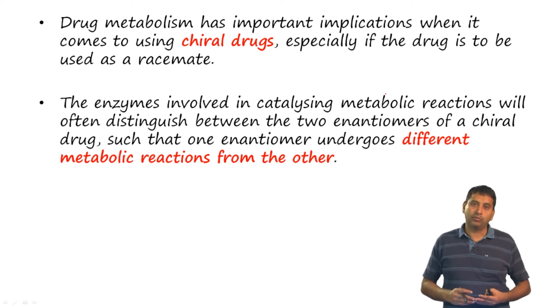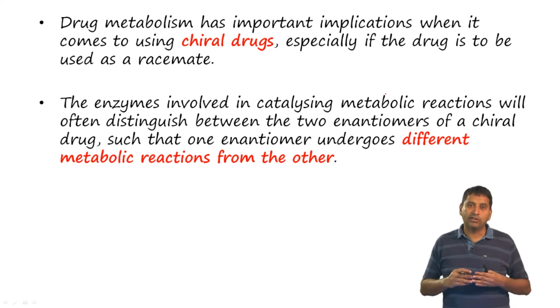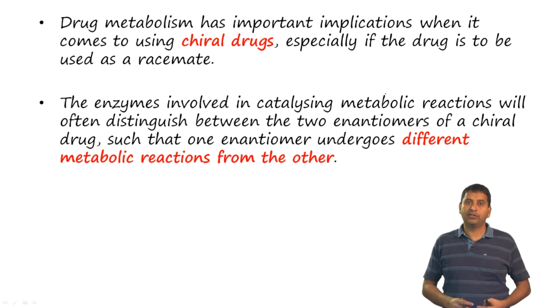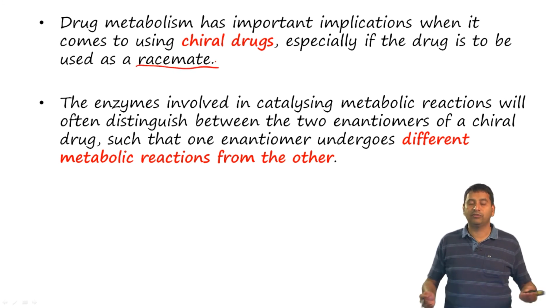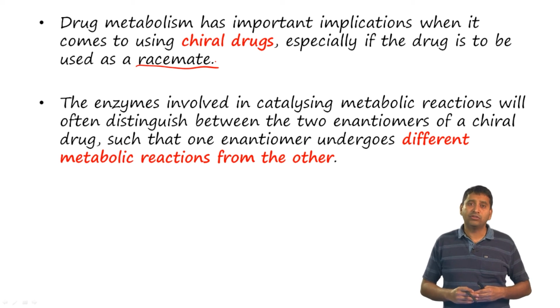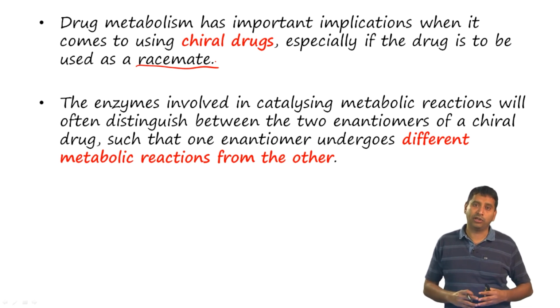It is also possible that this chiral drug, this molecule with a chiral center, is actually used as a racemate, right. So, now if you use a molecule as a racemate, then we need to be able to individually test each of the enantiomers, and it is also possible that a chiral drug may racemize in the body.